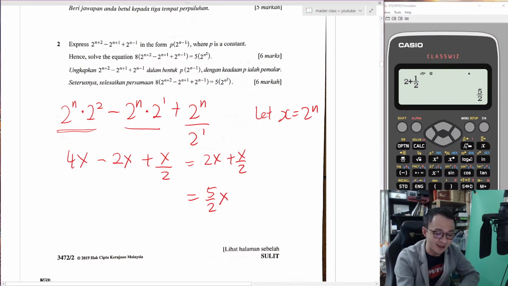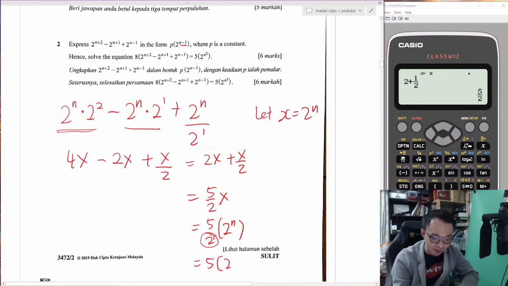Alright, but the question doesn't want me to leave it in 2 power of n. Okay, then I sub back my x here is 5 over 2, 2 power of n. Because the question wants the n minus 1, I have a 2 power 1 at the denominator, right? So if I move this 2 power 1 to the top here, I actually get 2 power of n multiply the 2 power of negative 1. Then you see I have the 2 power of negative 1 already, right? So therefore, my final answer is 5 times 2 power of n minus 1.